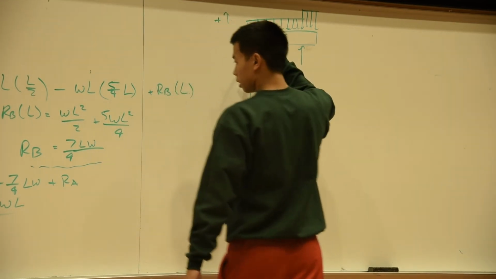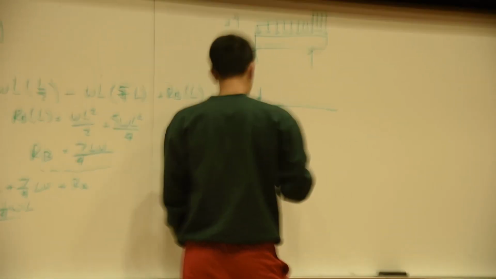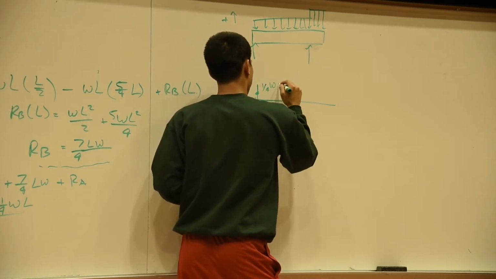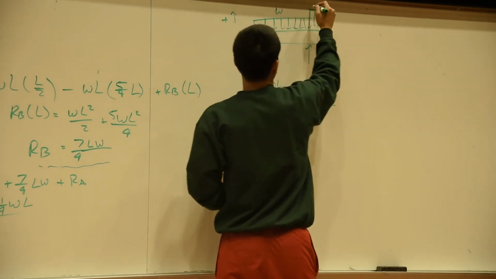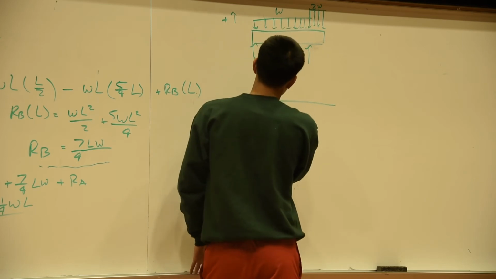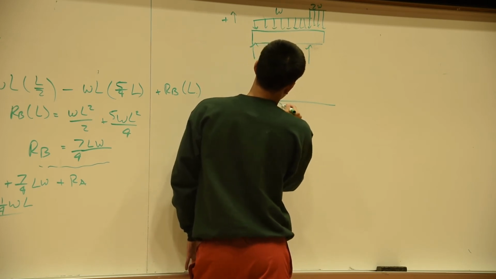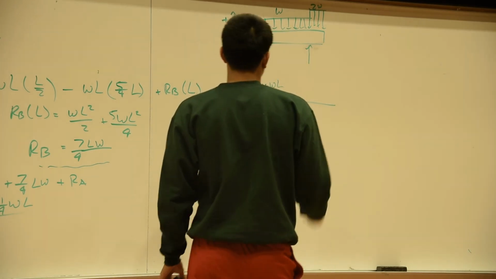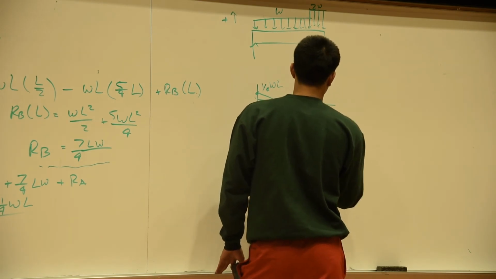This is going to be 1/4. It's going to start at 1/4 right here. Okay, and then it's going to decay at a rate of W for a distance of L. So you should go like right. You should be at negative 3/4 WL.